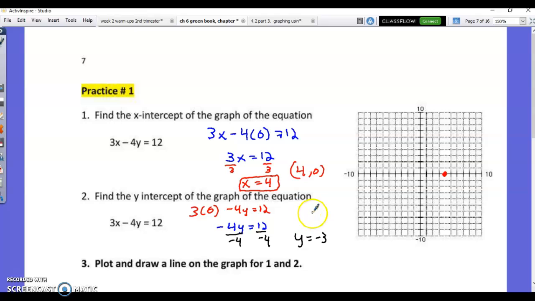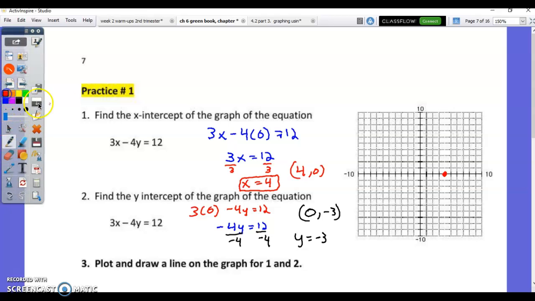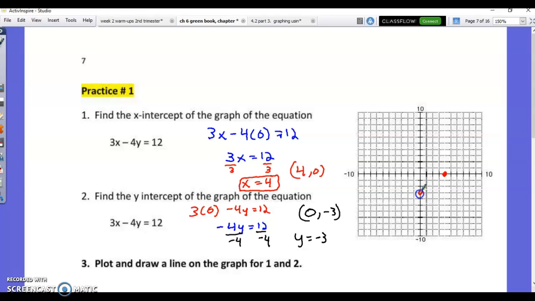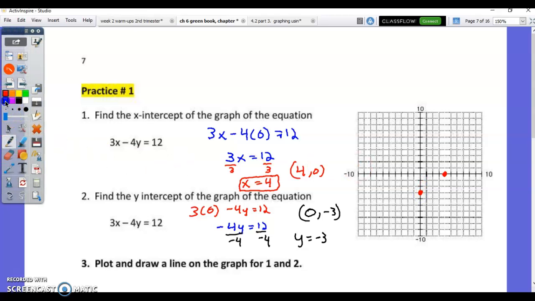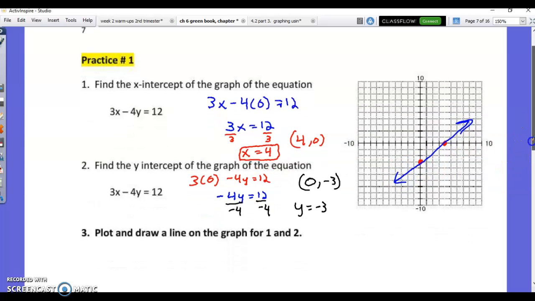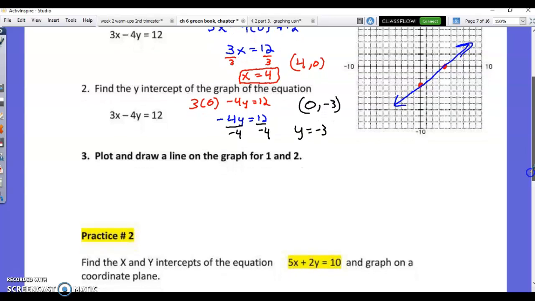So our x value is 0, and our y value is negative 3. Now we can plot that as well. So 0 on the x, negative 3 for the y. We put a dot there, and then we draw our line through. So that was each step there.